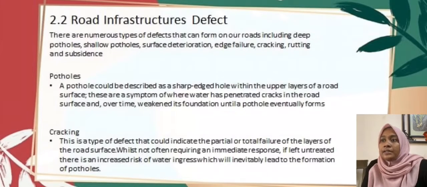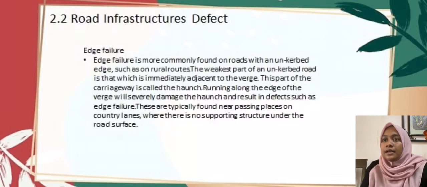If left untreated, there is an increased risk of water ingress, which will inevitably lead to the formation of potholes. Then is edge failure. Edge failure is more commonly found on roads with an uncurbed edge, such as on rural roads.